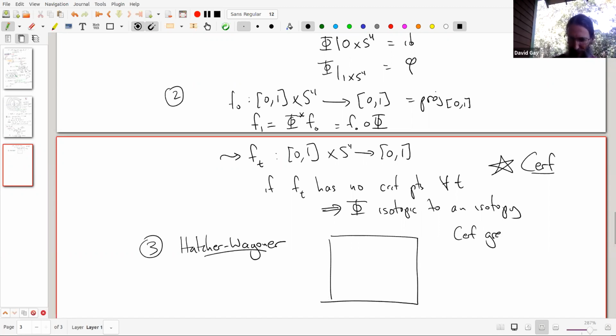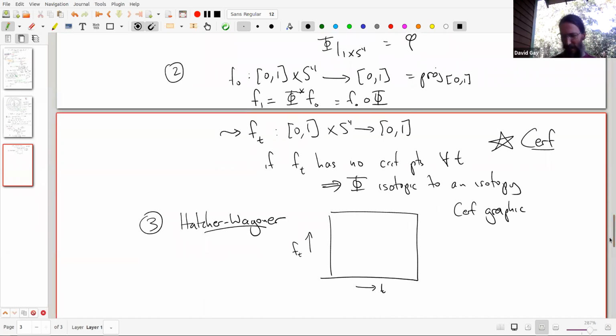This is called the Cerf graphic when this is the value of the function, f sub t, and this is t. And you plot the critical values, the set of points where the derivative is not surjective, and you can always get it to have some picture like this, where it's a bunch of nested i's.